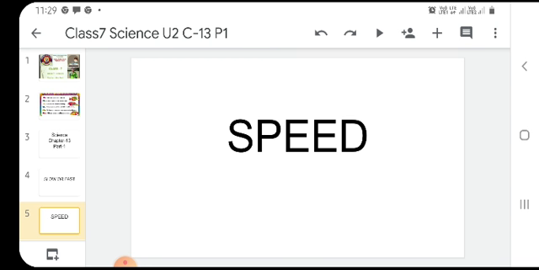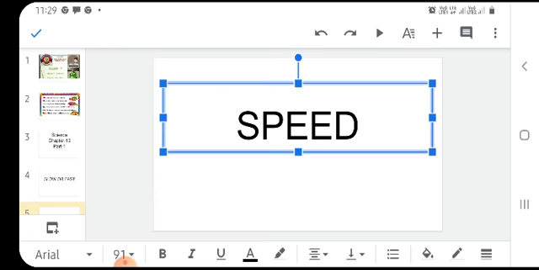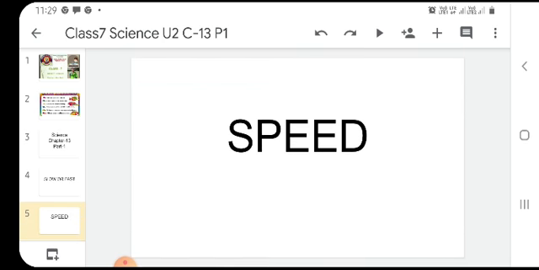We call the distance covered by an object in a unit time the speed of the object. So, what is speed? Speed is defined as the distance covered by an object per unit time, and the SI unit of speed is meter per second.